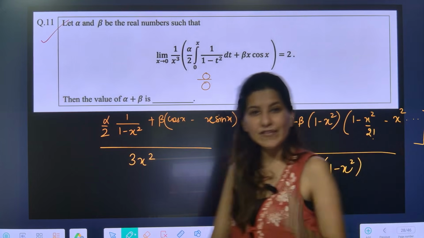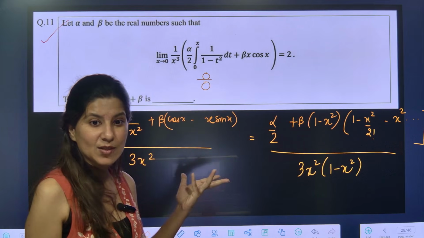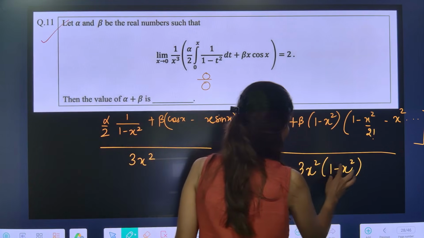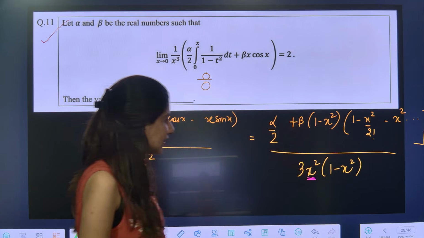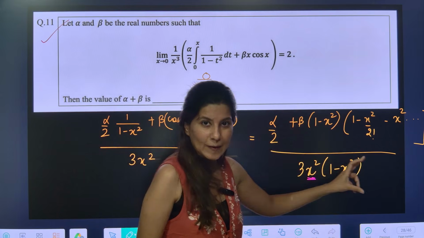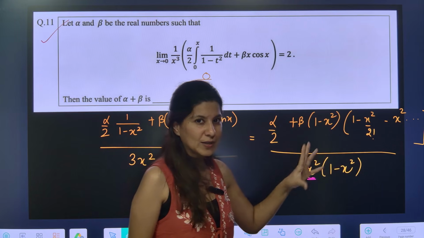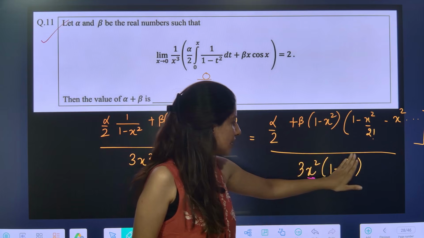Okay, so I have only expanded the cos x and sin x expressions till x square. Why? Because note, if you put x equals 0, this is going, but this is x square. So the degree of the denominator, the effective degree, although it looks like x power 4 is there, but no, it is x square.